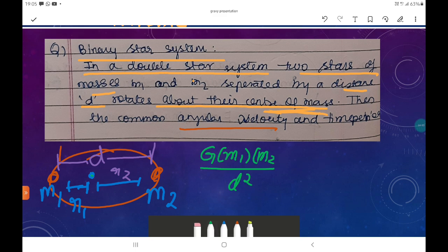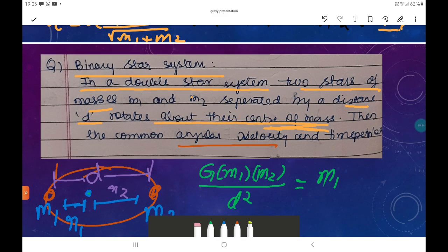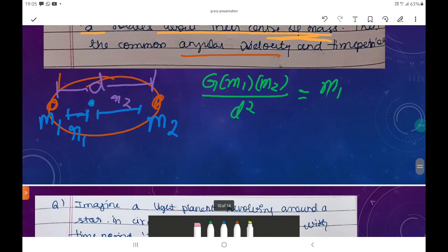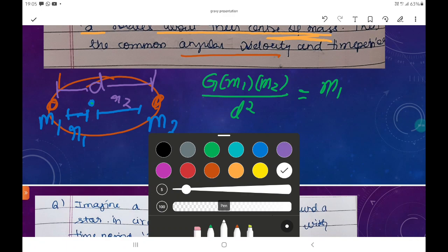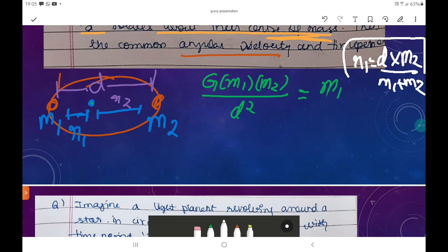Now how will you write r1 in terms of center of mass? r1 is equal to the distance between them multiplied by the second mass and divided by the sum of the masses. I hope in the center of mass lesson you have learned how to do this. So I will take this as m1 into r1 into omega square. Similarly, we will do it for the second body.